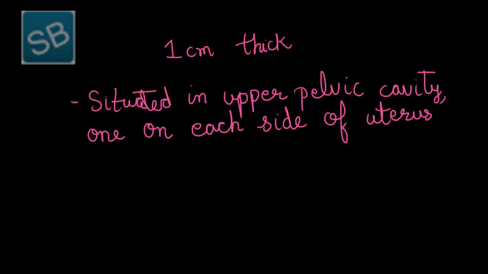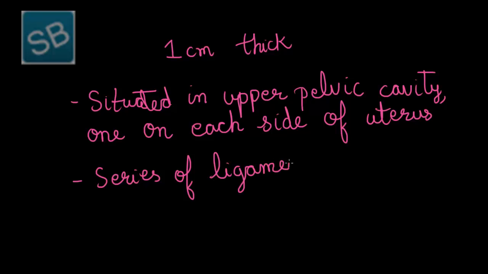The position of the ovary is maintained by a series of ligaments. Thus, these ligaments help in maintaining the position of the ovary.